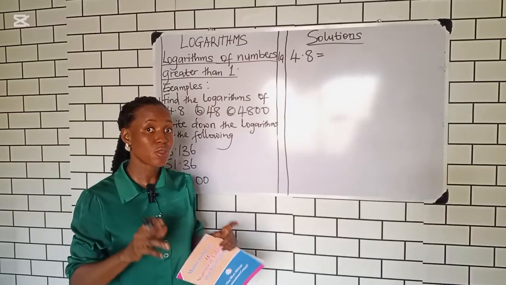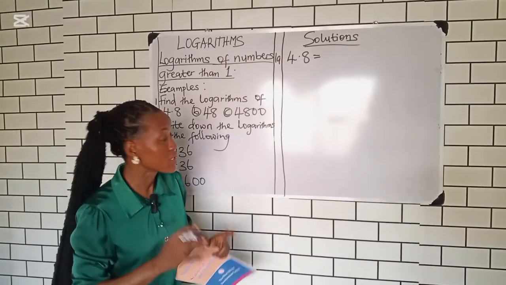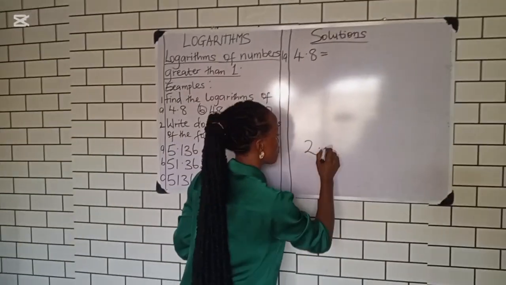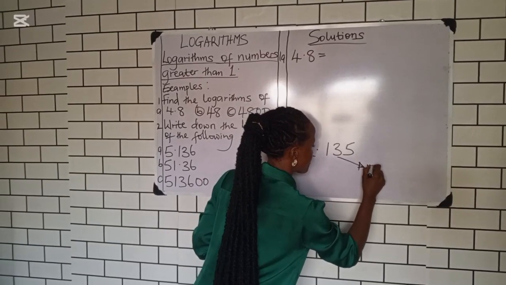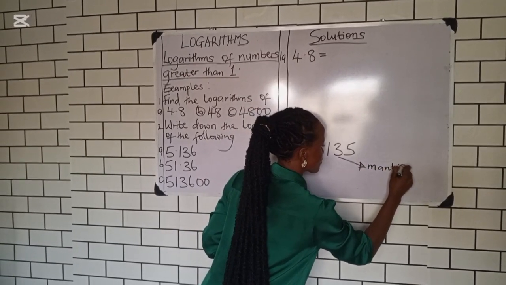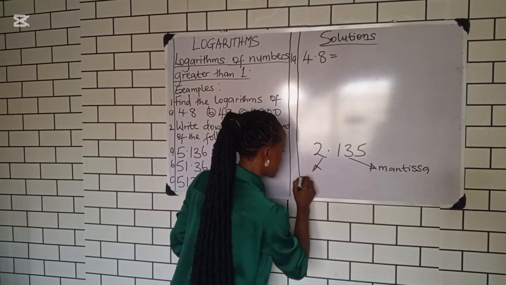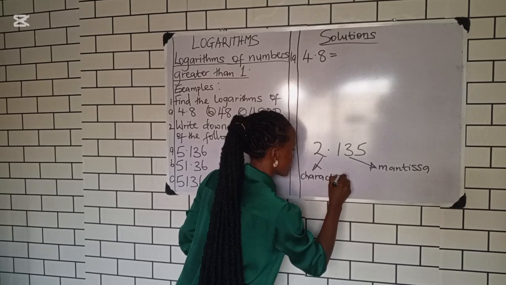Remember what I told you, that logarithm has two parts, the mantissa part and the characteristic part. Just like I said, for 2.135, here is the mantissa part, and we have the characteristic part, or you can call it integer part.